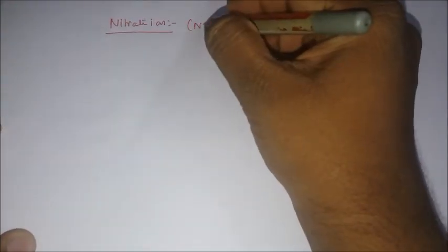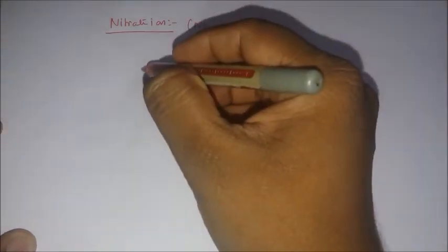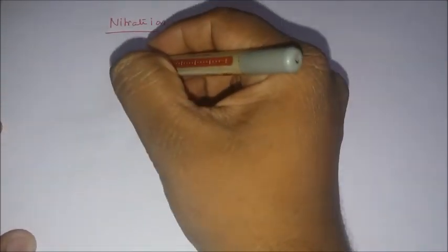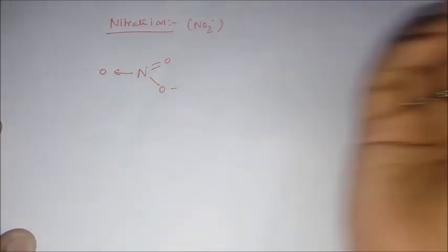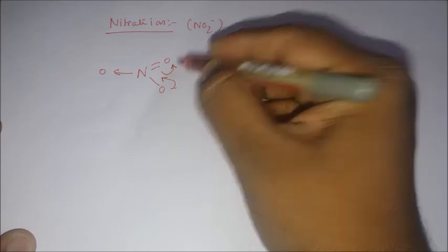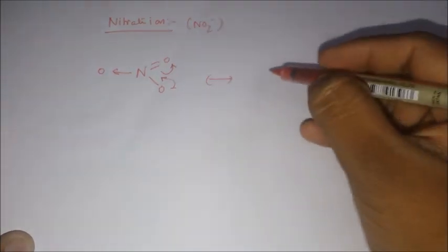So next, let's go for many other ions similar to this. This is called the nitrate ion, which has the formula NO2 minus. So N double bond O, O minus, another oxygen is coordinated. So this electron goes over here, then the electron on the oxygen moves.